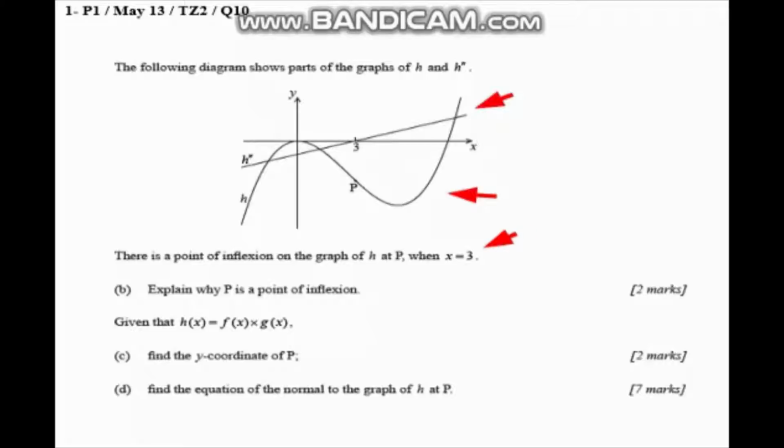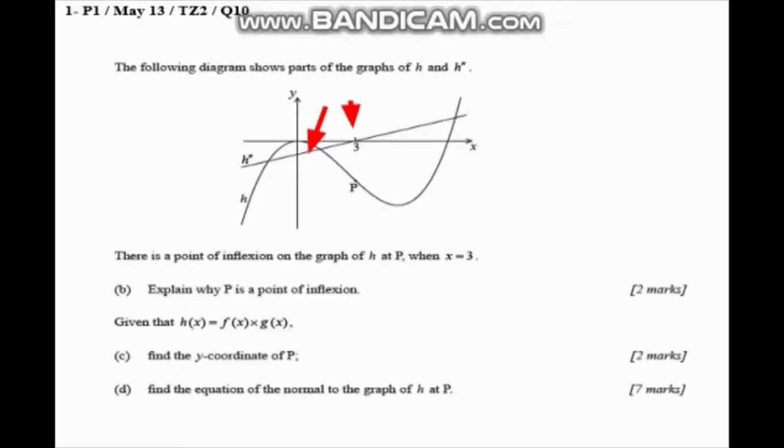From the graph of h double dash, even though P is not drawn here on h double dash, we know that this is the point where x equals 3, and from the graph of h double dash, the point where x equals 3 is a point where h double dash is 0 and where h double dash changes sign, because before x equals 3, h double dash lies below the x-axis, so h double dash is negative.